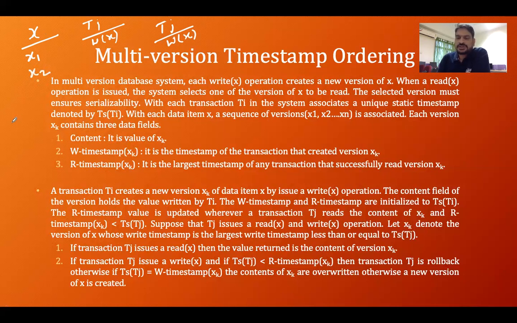So there are different versions of X that are created. And each version of X has three parts. The first part is the content, meaning the actual data of X. Second part is the write timestamp, meaning when X1 has been written. And then the read timestamp, when X1 is read by some transaction.